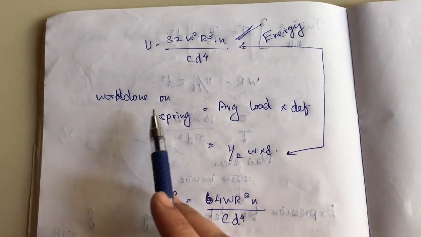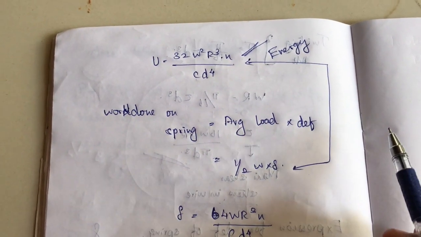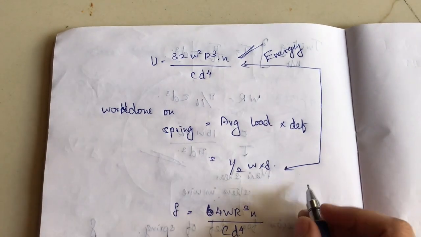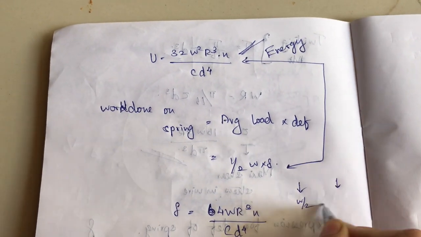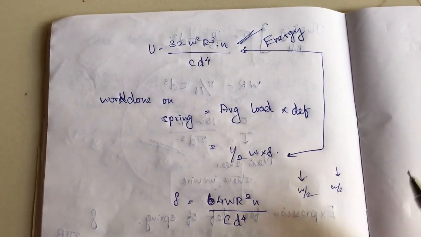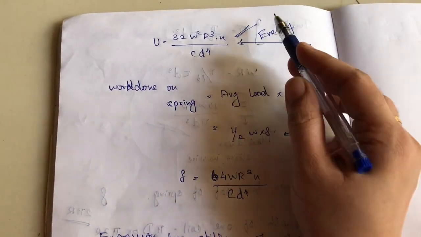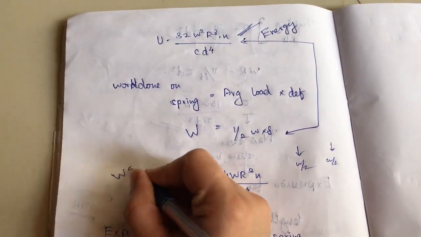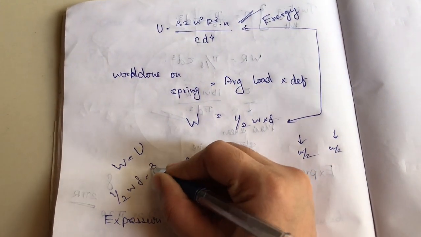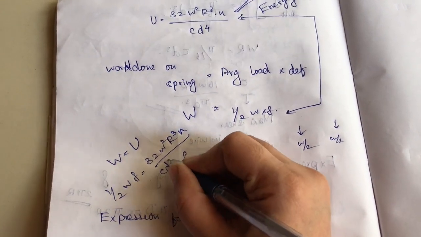Next is work done on the spring, which is equal to average load into deflection. What is the average load? We know W by 2 is the average load, because there will be two reactions. So the average load W by 2 into deflection del. Equating the work done to the energy stored, half W del equals 32 W square R cube N by C d power 4.